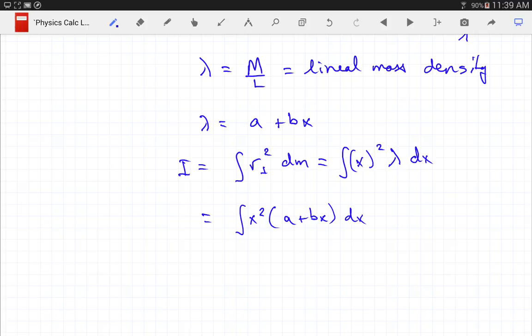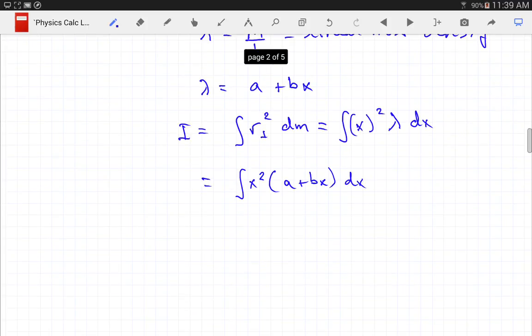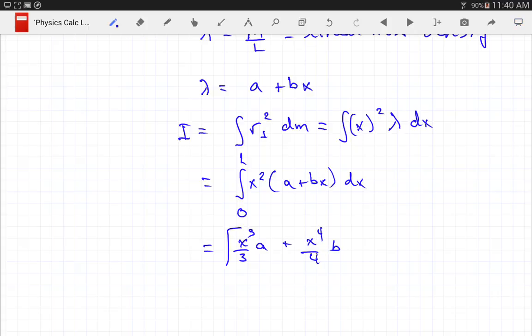Now there's one more thing missing before I can do the integral. What's that one more thing? Limits. So what are my limits for length if I put 0 right there at the end? 0 to L. Now I just do my integral, a x cubed over 3 plus b x to the 4th over 4.